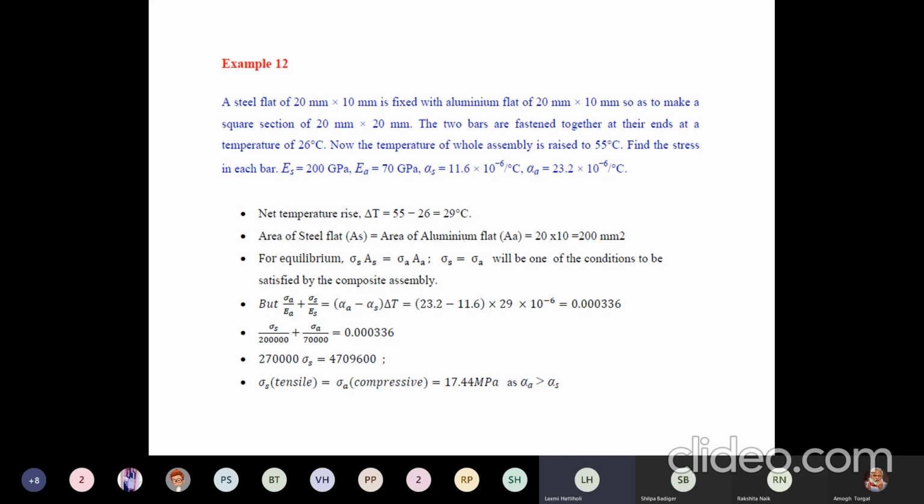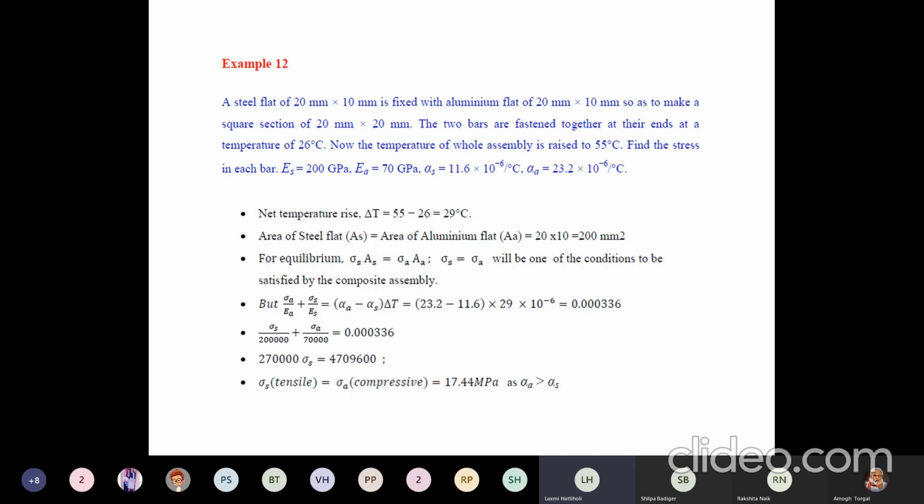Instead of alpha 1 for steel, I'm taking alpha S, the coefficient of linear expansion for steel. So alpha S is 11.6 into 10 raised to minus 6 per degree Celsius. Similarly alpha A. This is the given condition.